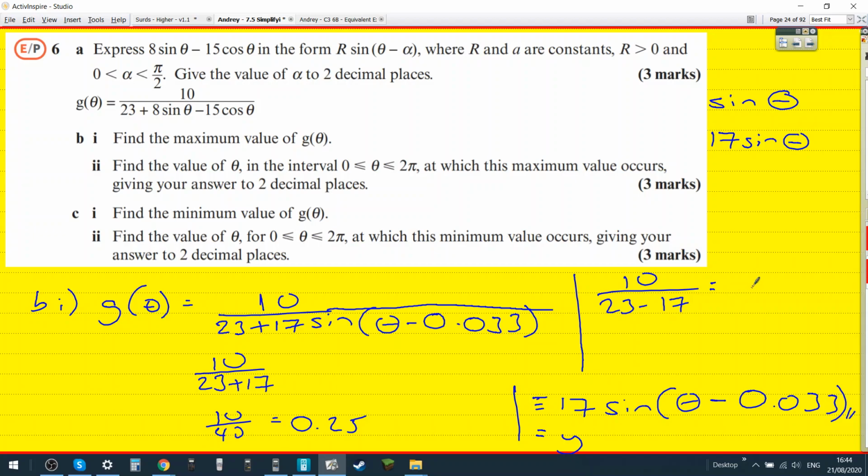That would become 10 over 6, which is 5/3, which is 1 2/3. Which is bigger, 0.25 or 1 2/3? 1 2/3. So 1 2/3 might be the maximum. Like bounds at GCSE, the bigger the denominator, the smaller the fraction. The smaller the denominator, the bigger the fraction.